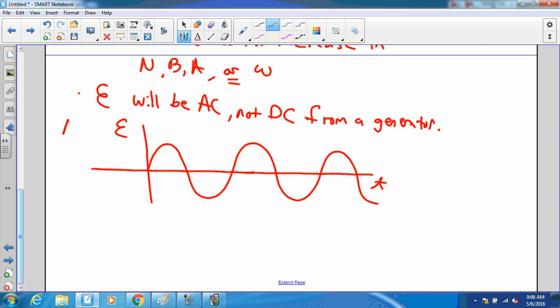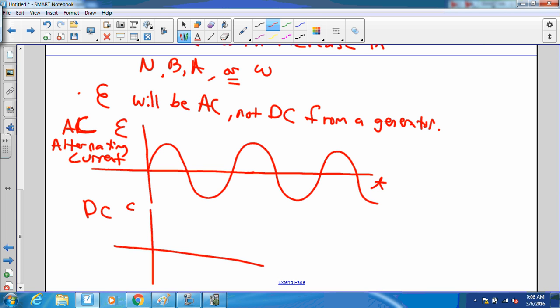So this is alternating current, or AC, and we contrast that with the very boring direct current, or DC, that has been coming out of your power supplies in the lab that looks just like that.